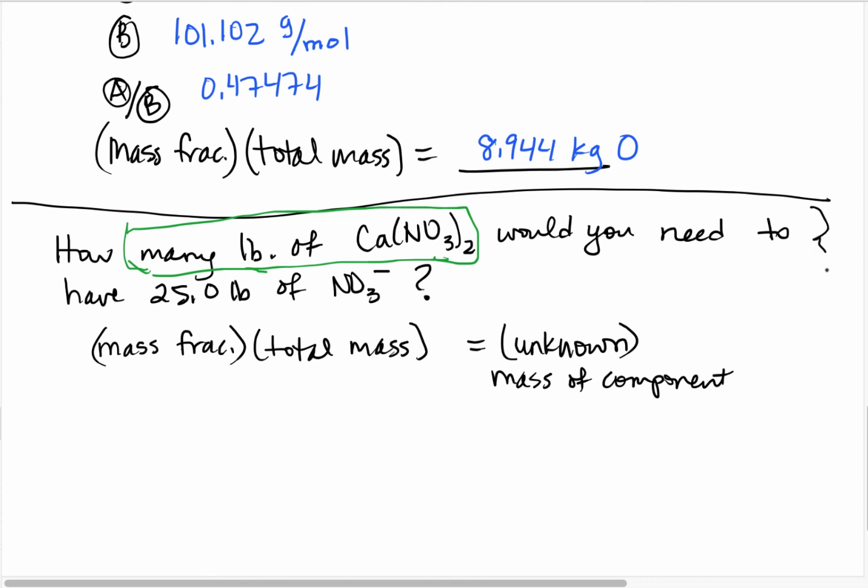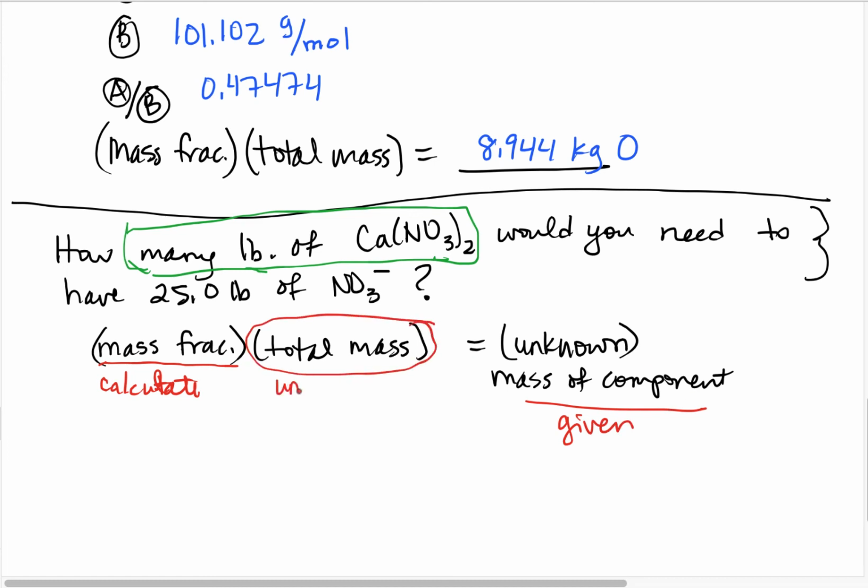So when I wrote this problem, we've changed things around. Just like before, we can calculate what the mass fraction is, but we're given the mass of the component that we want, and this is now our unknown, our total mass.